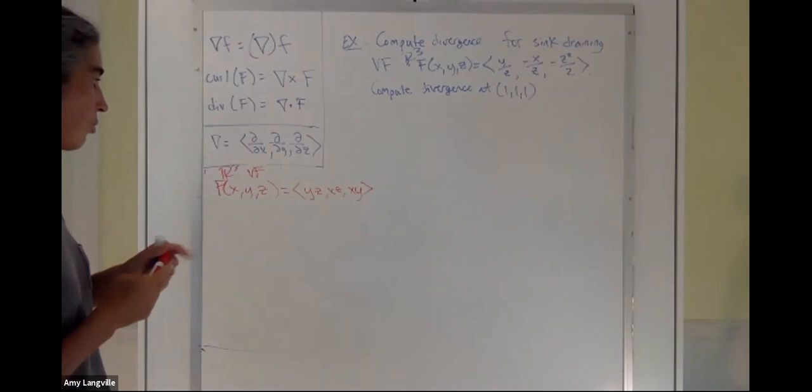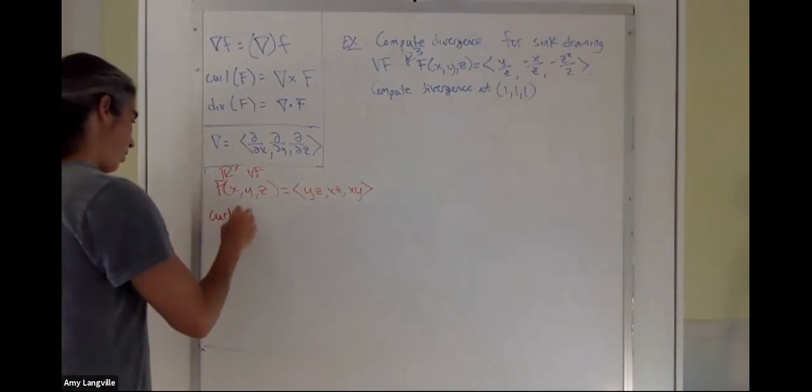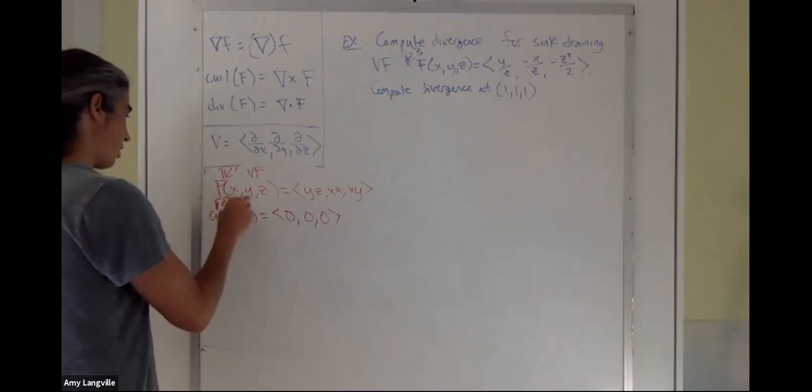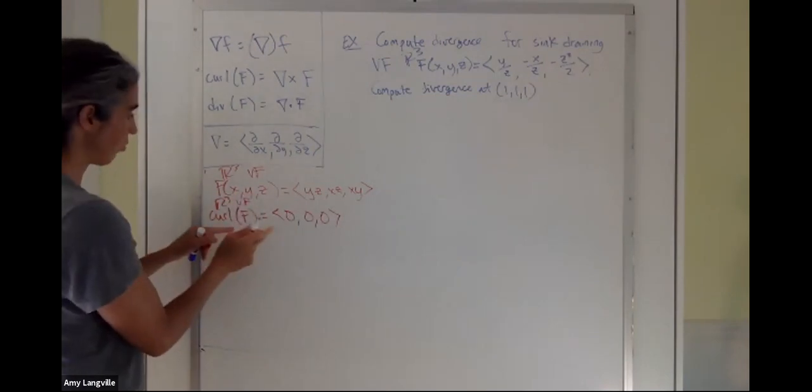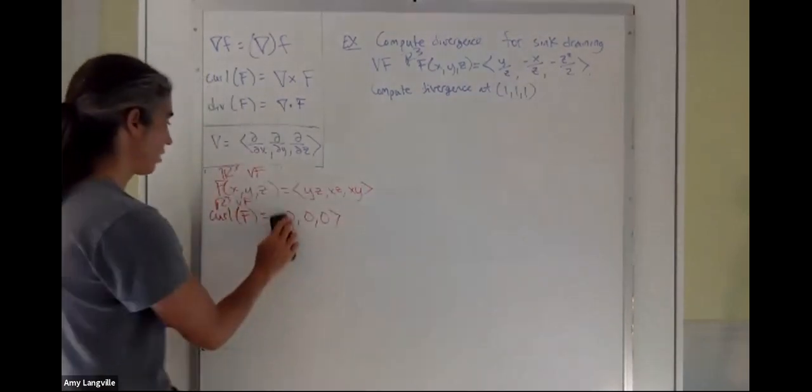All right, it turns out if you were to compute the curl of this, you would get another R3 vector field. And this is the same no matter which point you're at. So maybe I should make that explicit.